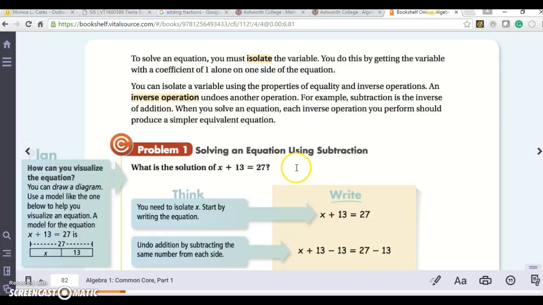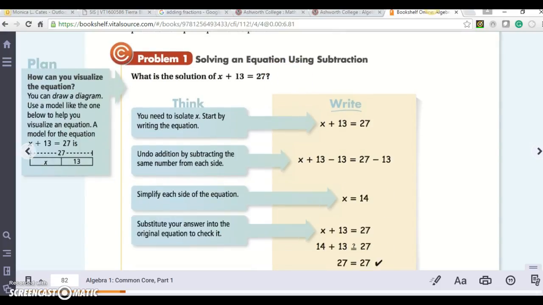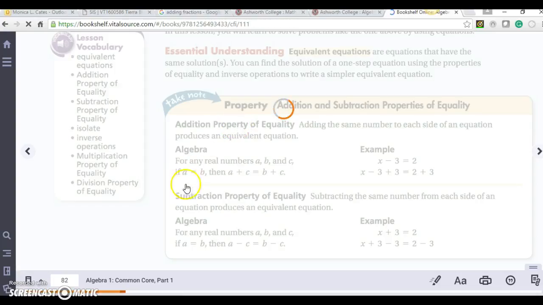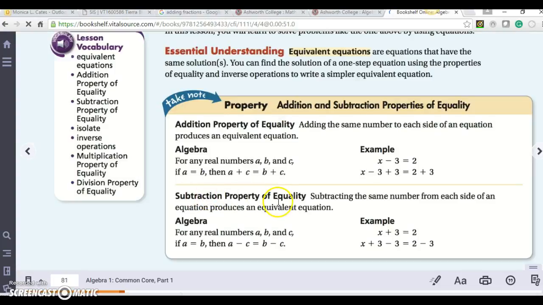So, solving an equation using subtraction. If I have x plus 13 equals 27, I'm going to do the inverse operation of adding 13. I'm going to subtract 13, and I'm going to also subtract from the other side by using that subtraction property of equality.